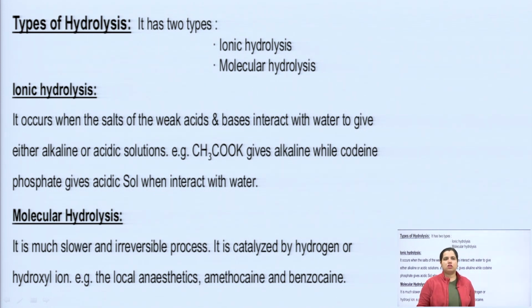For example, CH3COOK gives an alkaline solution, while codeine phosphate gives an acidic solution when it interacts with water. Whenever they interact with water, they give either alkaline or acidic solutions, which are considered to be the degraded form of the formulation.